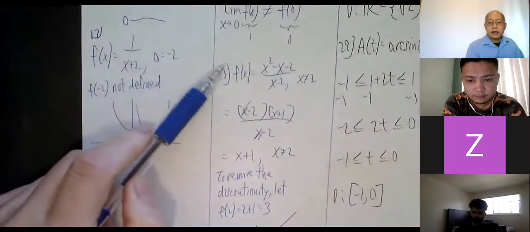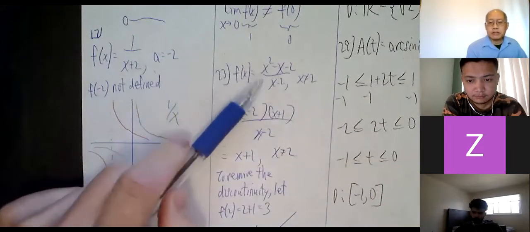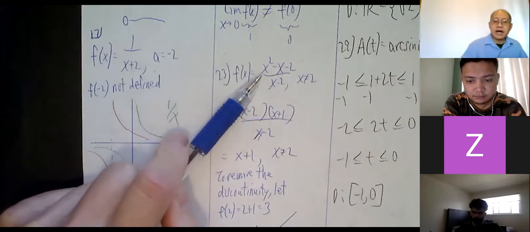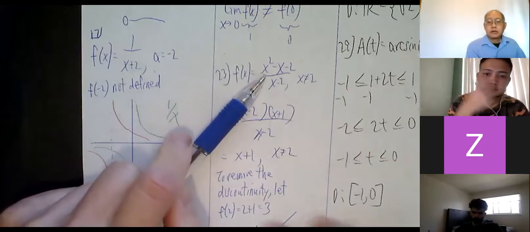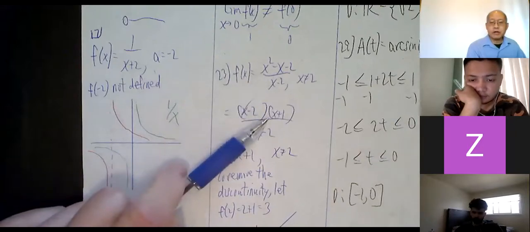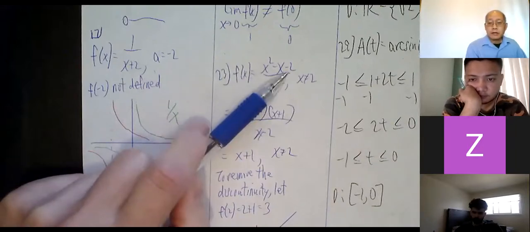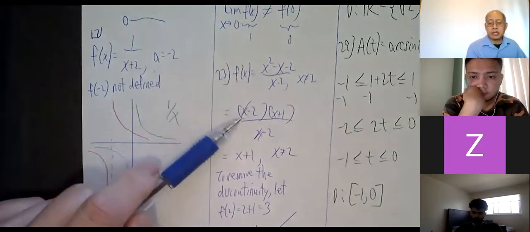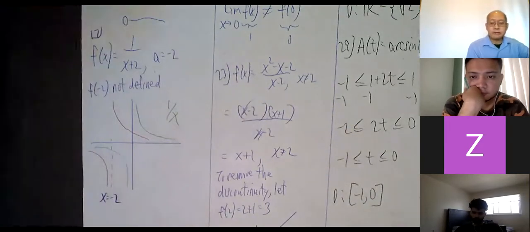Here's all you have to do. Here's f of x, x squared minus x minus 2 over x minus 2. All you do is factor the top. So the top factors into x minus 2, x plus 1, right? Well, the 2 here means you got to have a 1 and a 2. The minus sign means you want the minus with a 2 and the plus with a 1.